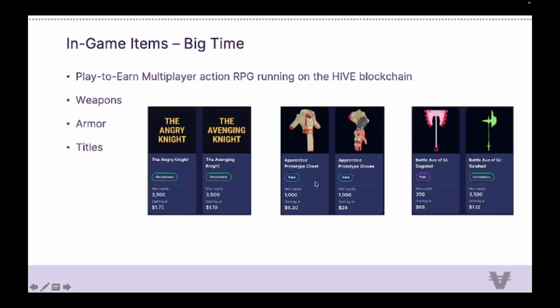As you can see here, for example, we have the Apprentice prototype chest, which is a rare piece of armor. And its supply is only 1,000, and they all have the same price at first. So that's $9.30 to mint one of these pieces of armor.